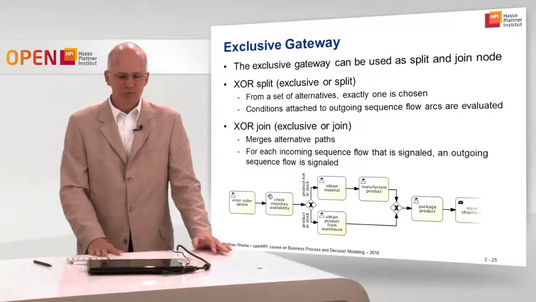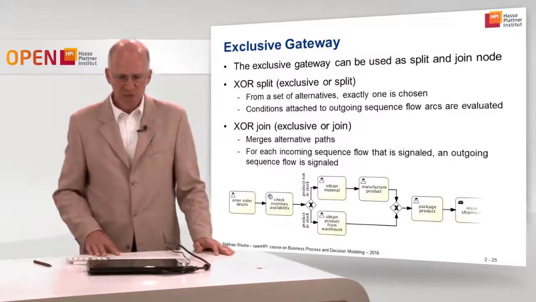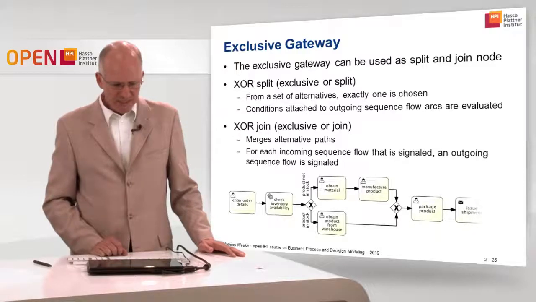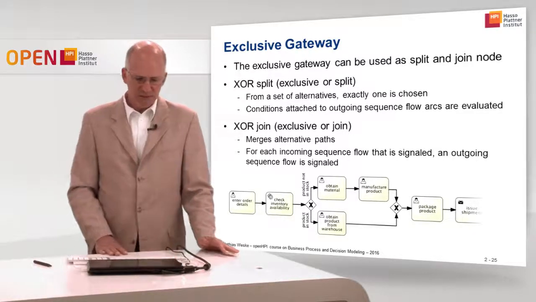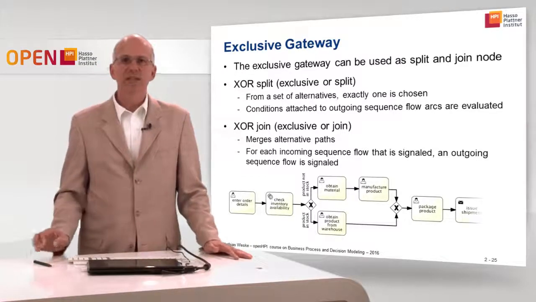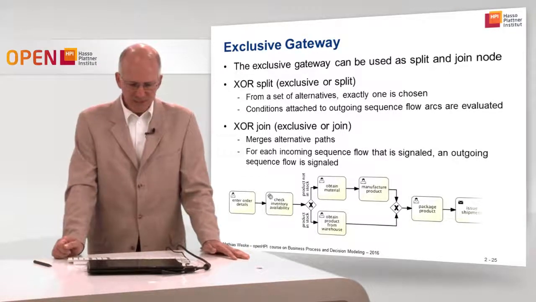Let's start with the exclusive gateway. The exclusive gateway can be used as a split and join node. Looking at the split, it's called XOR split. XOR stands for exclusive OR, meaning from a set of alternatives, exactly one alternative is chosen.